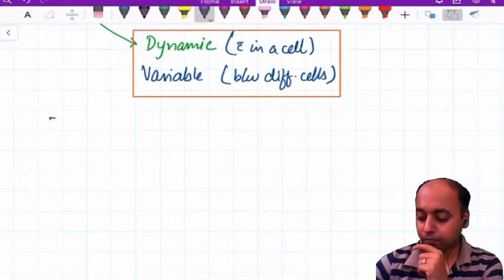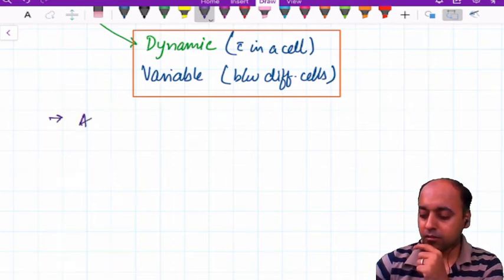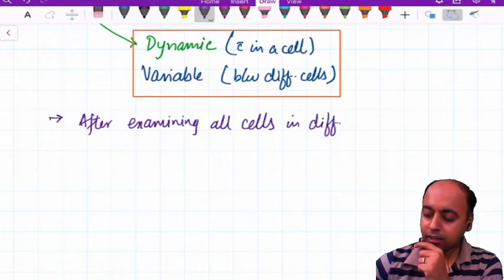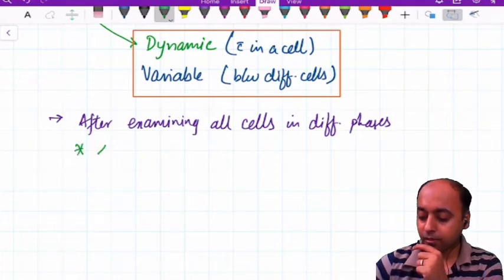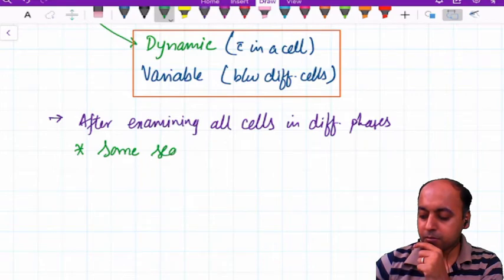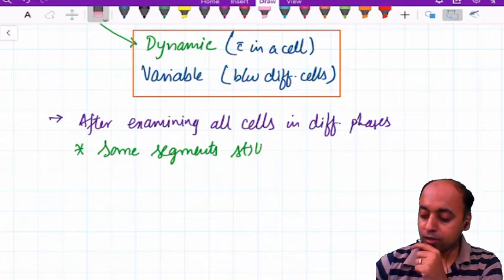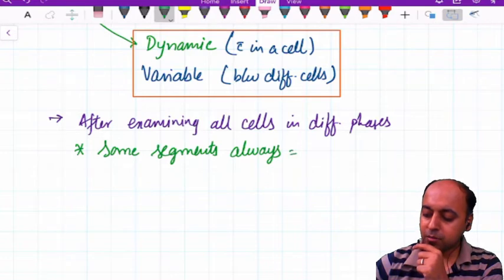So even after examining all cells in different phases, some segments are always heterochromatic.